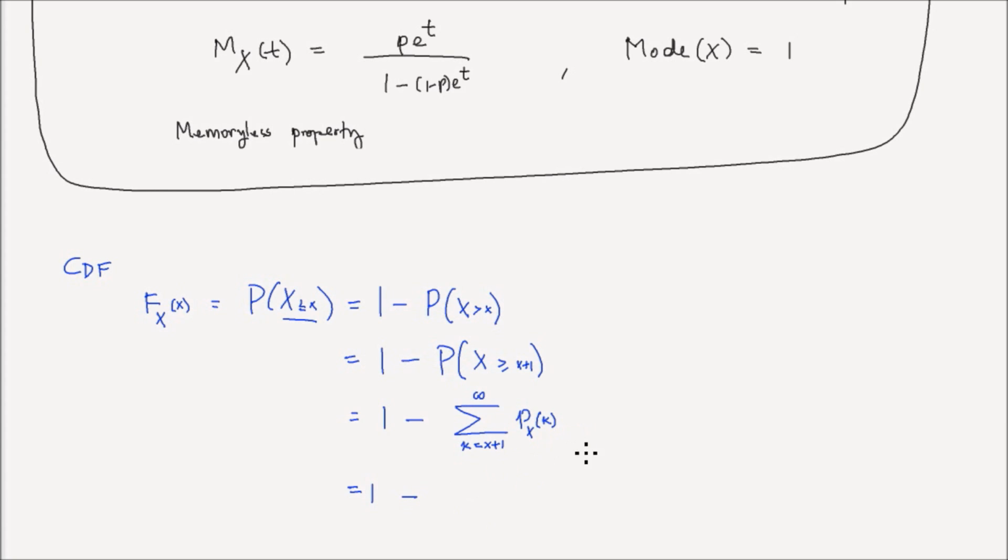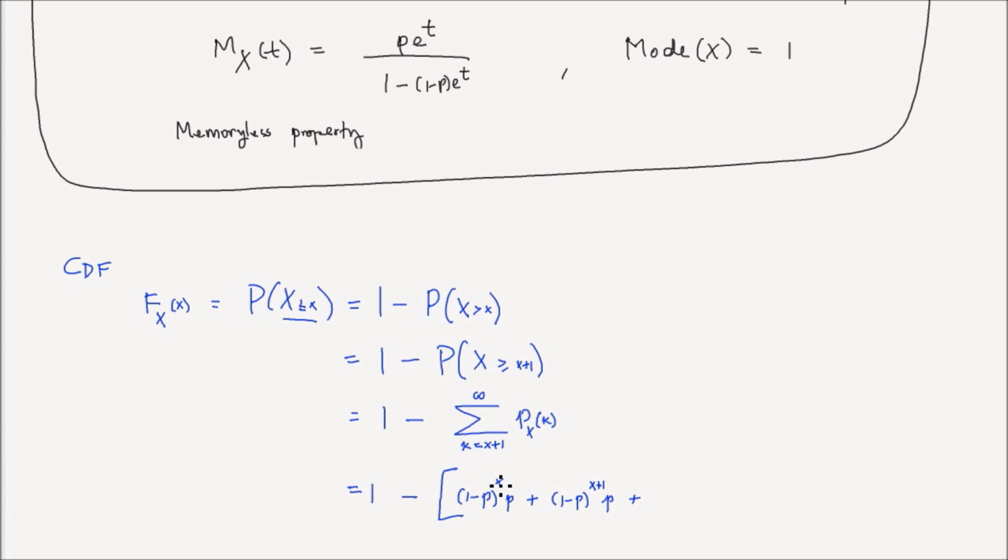Let me actually expand this summation so you can see what's going on. 1 minus, when you plug in x plus 1 for k, you get 1 minus p to the power of x times p. When you plug in x plus 2 for k, you get 1 minus p to the power of x plus 1 times p.